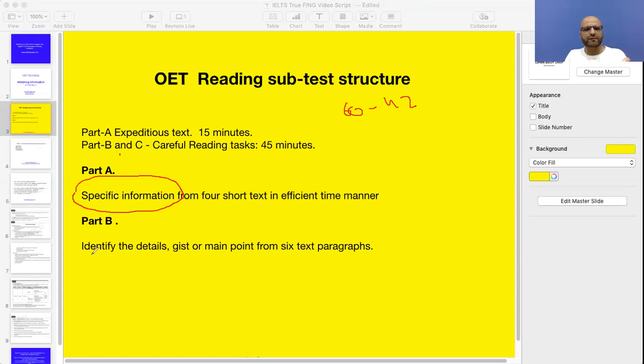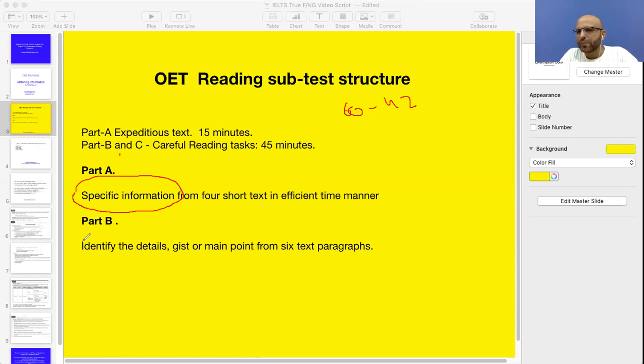And Part B evaluates the ability to identify details, gist, or the main point of six text paragraphs. It's very important to bear in mind when you're doing conscious preparation, not random preparation.